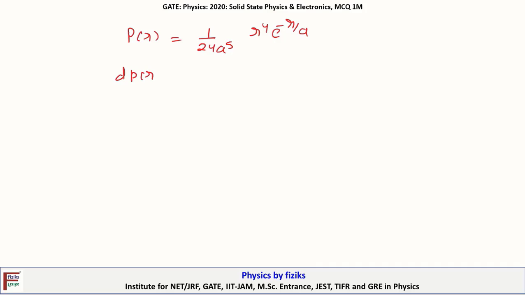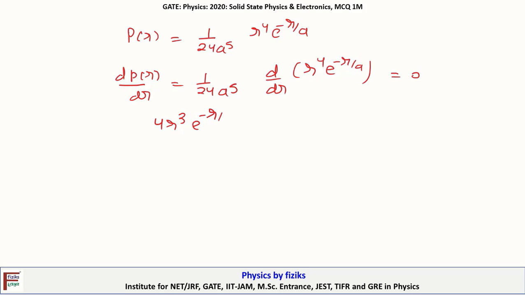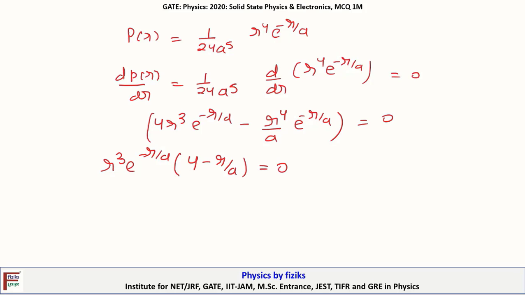Now dP/dr would be equal to 1/24 a to the power 5 d/dr of r to the power 4 e to the power minus r/a, which must be equal to 0, or 4r cube e to the power minus r/a minus r to the power 4/a e to the power minus r/a equals 0, or r cube e to the power minus r/a times (4 minus r/a) equals 0.